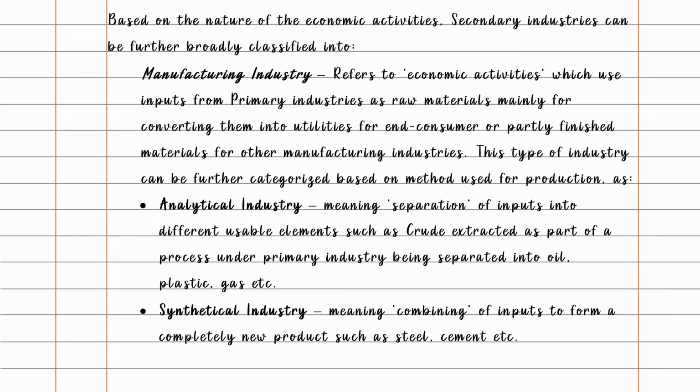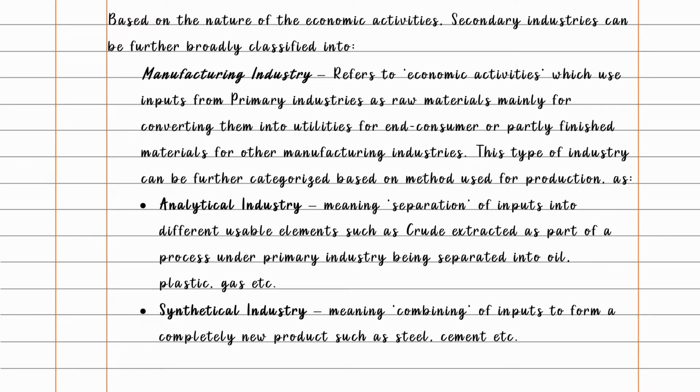Very similar to the point that we mentioned about secondary industries. The definition, or for that matter the explanation, doesn't change much. The only thing we need to be aware of are the further classifications of manufacturing industry, and this is very simple actually if you look at it closely.